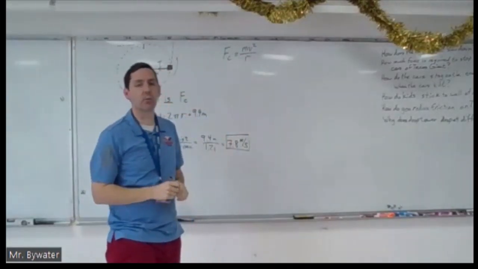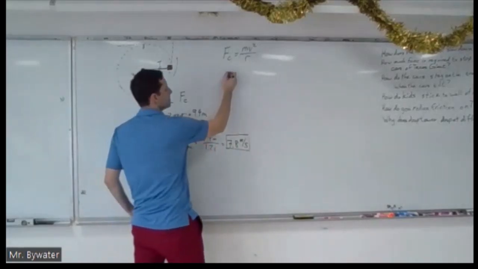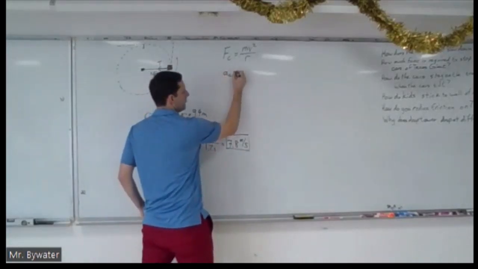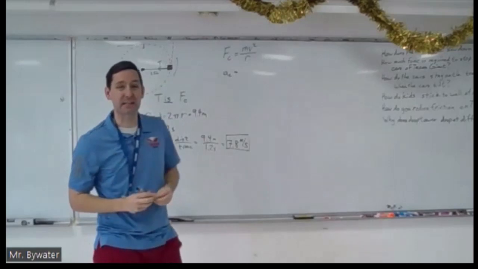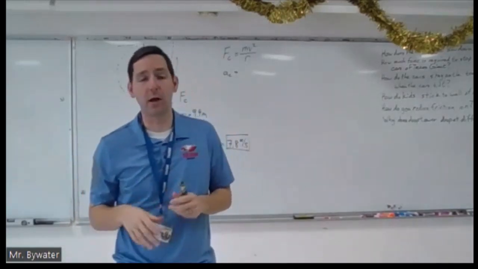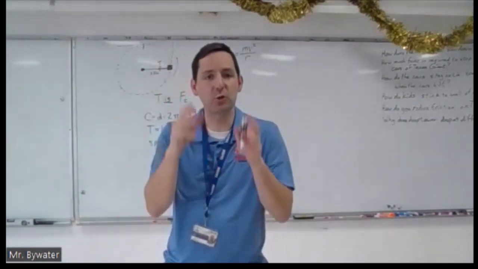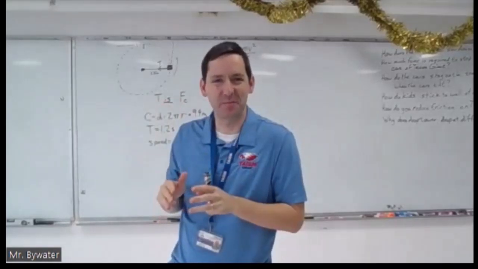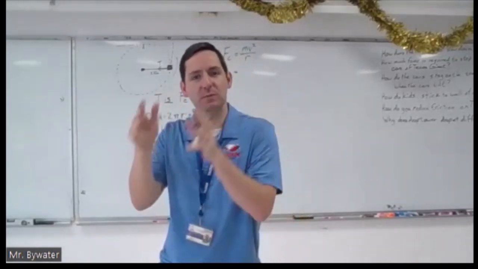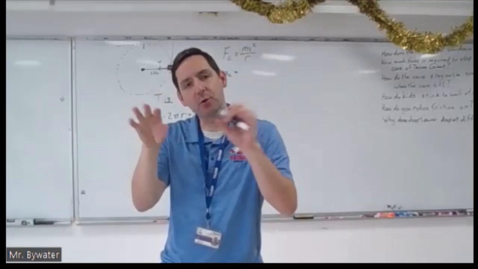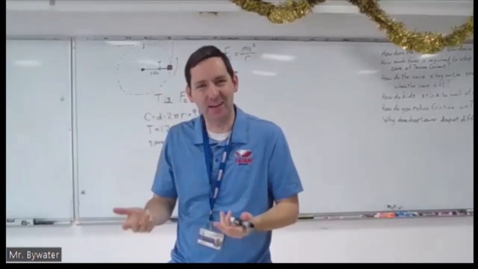The other equation that I want you to have is for the centripetal acceleration. Now, I almost feel like this one isn't necessary because you already know that force is equal to mass times acceleration, right? So if force equals mass times acceleration, you just divide both sides by the mass and you get the acceleration.